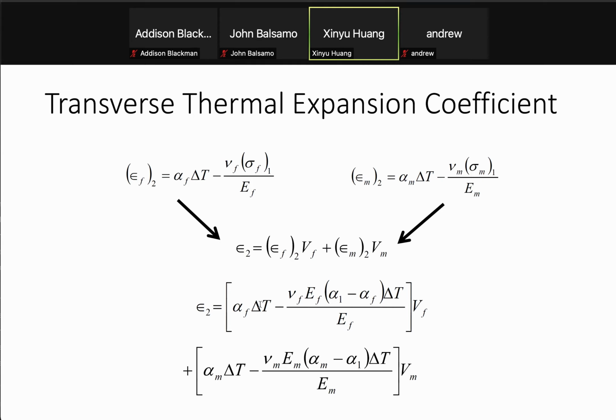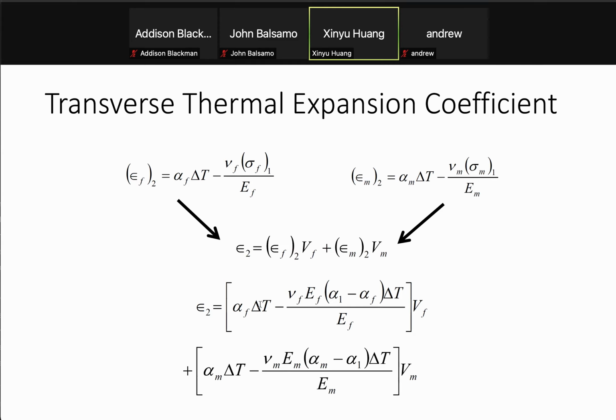The two direction strain is the buildup of fiber strain and matrix strain in two directions added together. Of course, this scales by volume fraction. If you have more matrix, this term will have more contribution. If you have more fiber, this term will have more contribution.